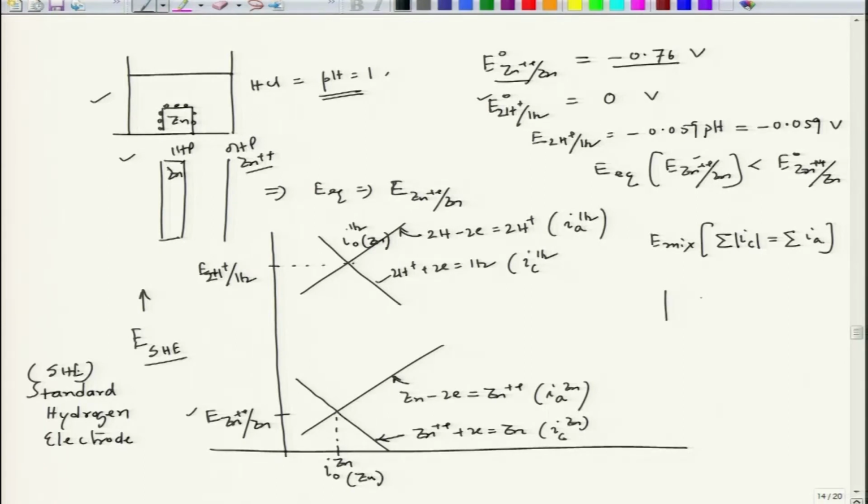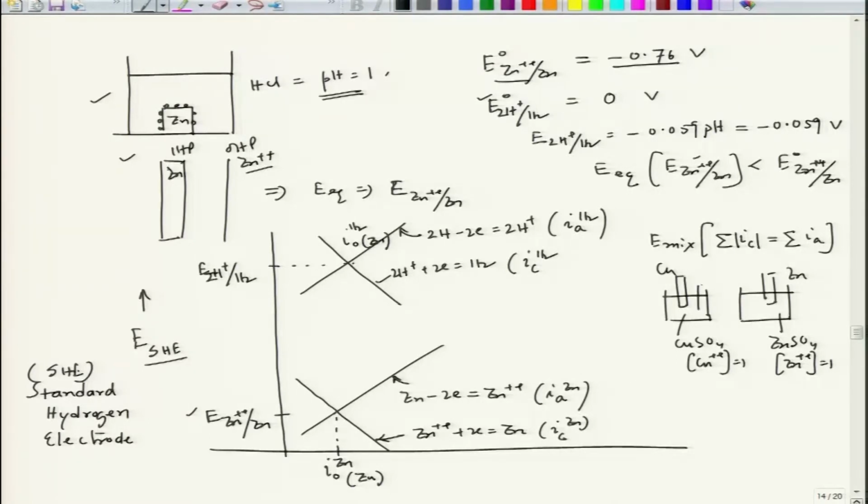For example, if we have a cell like this, let us say copper sulphate solution, this is zinc sulphate solution, and let us say concentration of copper ion is equal to 1, and here zinc ion concentration equal to 1. And then if we have a copper rod and a zinc rod in those solutions, if we allow them to stabilize, we will develop some potential here, and some potential here.